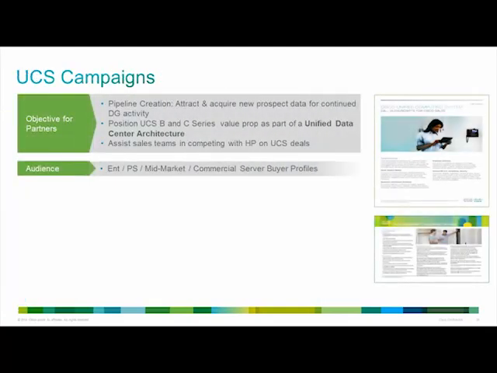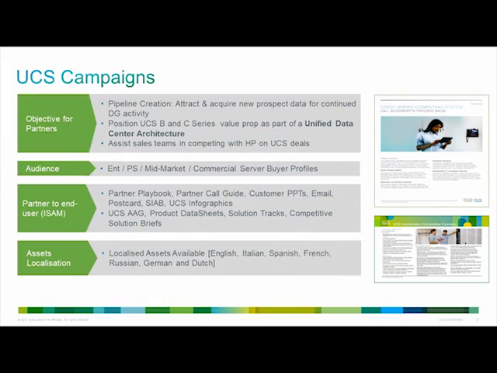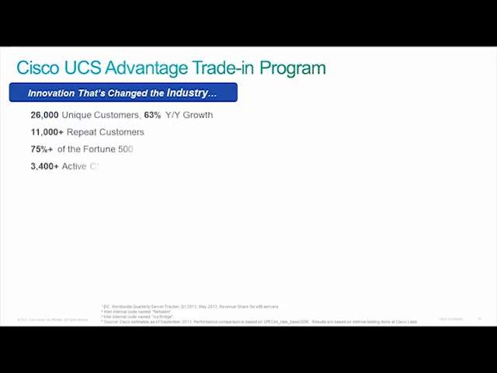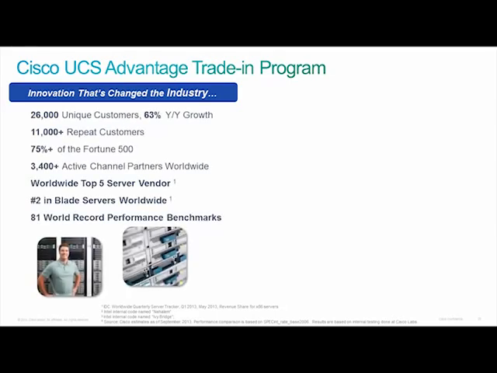Take advantage of campaigns like UCS Acceleration, focused on creating opportunity pipeline and helping sales teams position and compete with UCS. UCS Acceleration includes partner guides, calling scripts, customer presentations, and marketing collateral such as email templates and postcards. And the UCS Advantage Trade-in program, giving you the chance to include trade-in or trade-to credits, driving more profitability in the UCS deal.